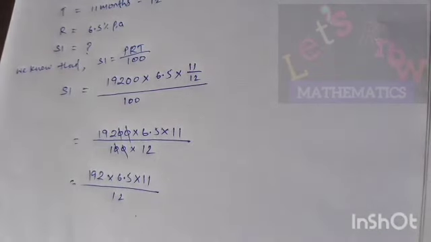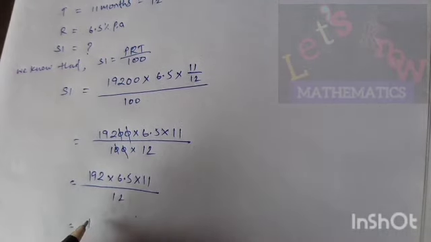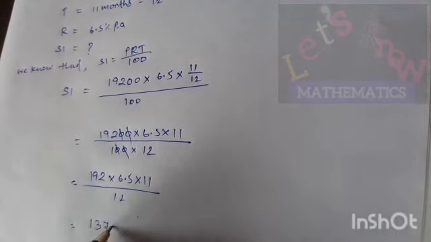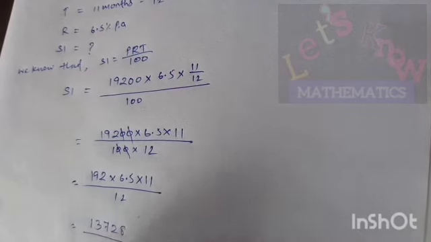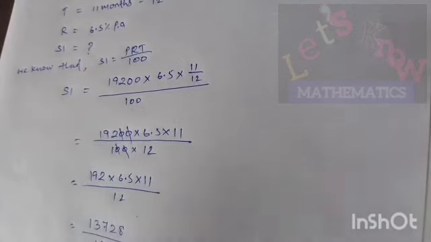So if we multiply this, what will we be getting? 192 into 6.5 into 11, we will be getting 13,728 divided by 12.